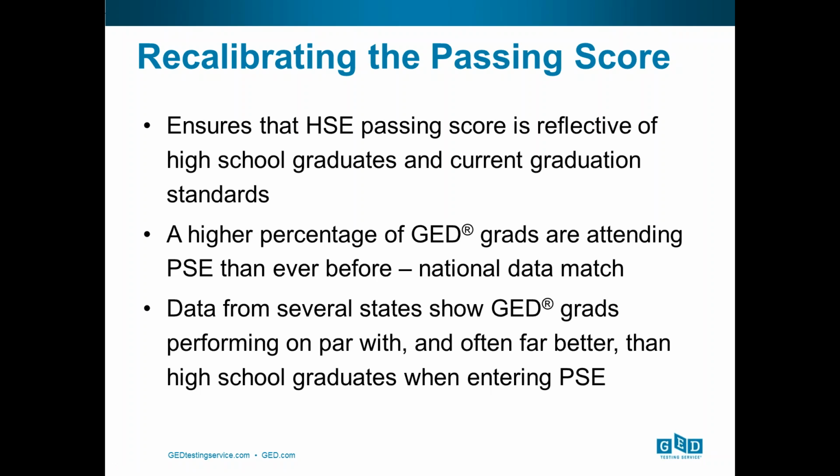We have done a national data match, and enrollment in post-secondary is distinctly up. One of the things we'll be looking at in the longitudinal studies that we have planned is to see whether this also translates into an impact on completion rates.